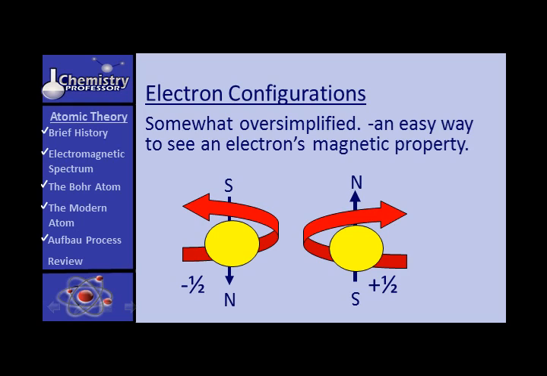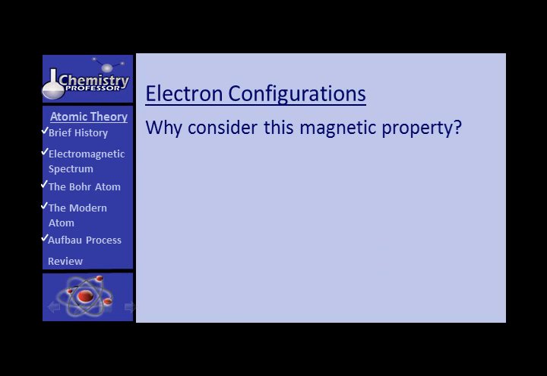It may be a bit of an oversimplification, but it does point out the electron's magnetic properties and the fact that when you bring two magnets together, their opposite poles are going to be attractive, their like poles are going to be mutually repelling. Why is it even necessary to consider this magnetic property?